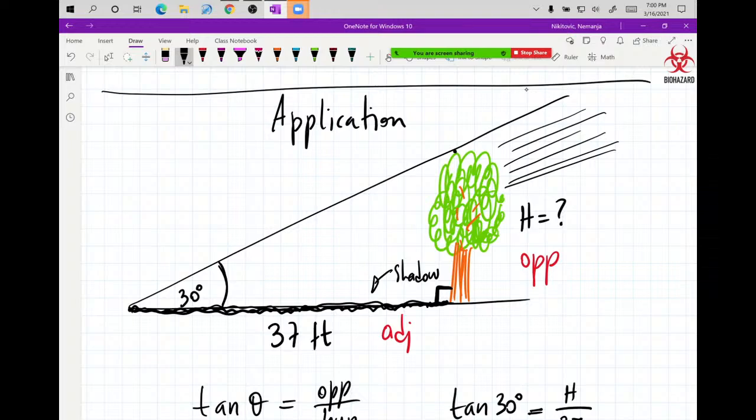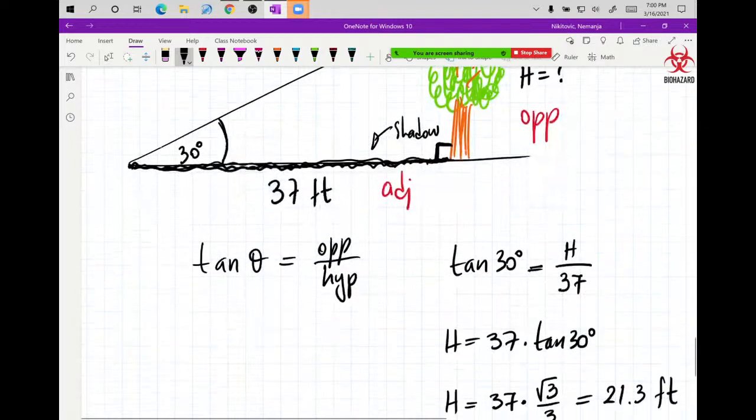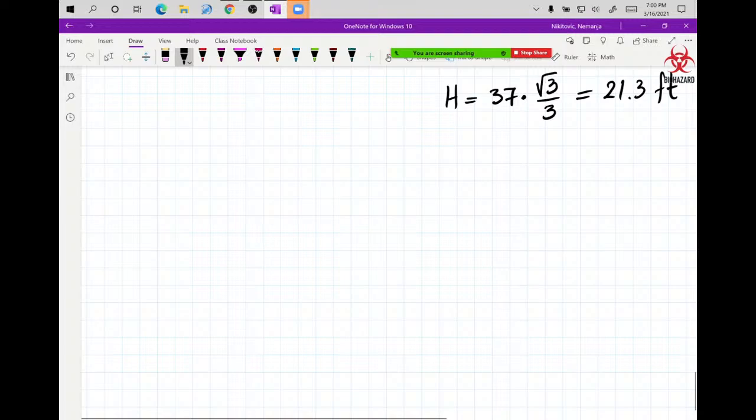Now, that is another way to figure things out.